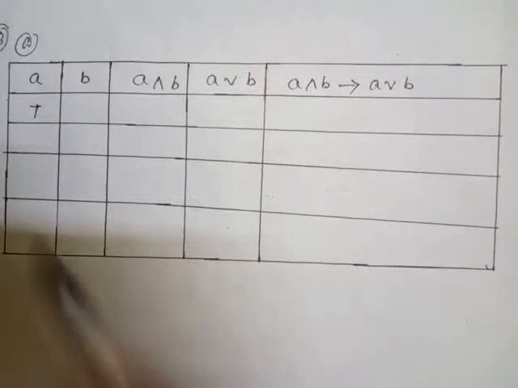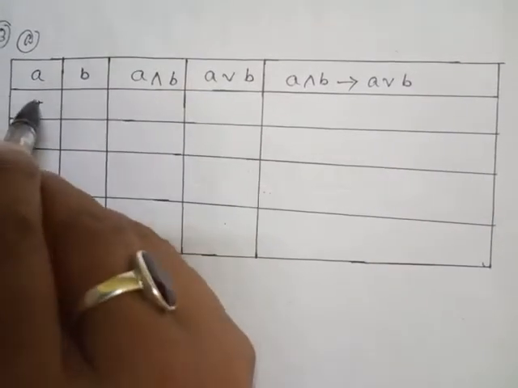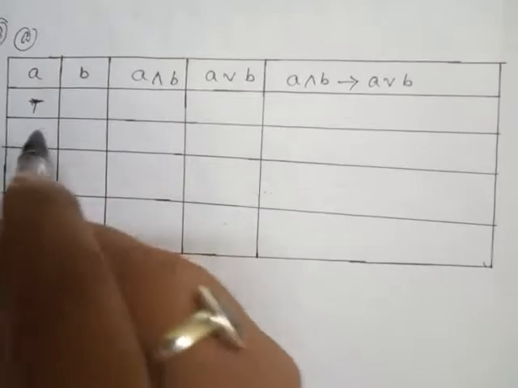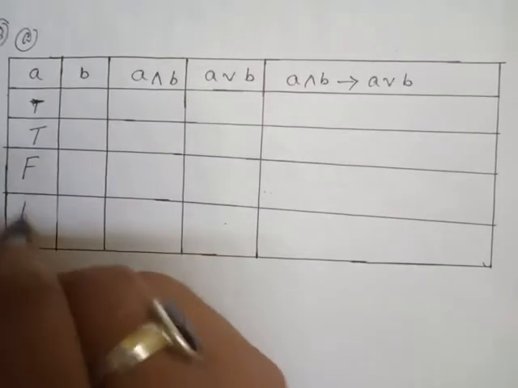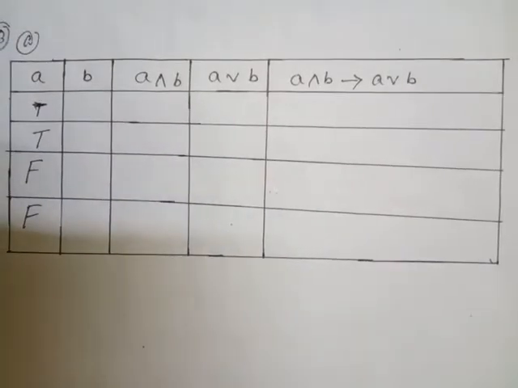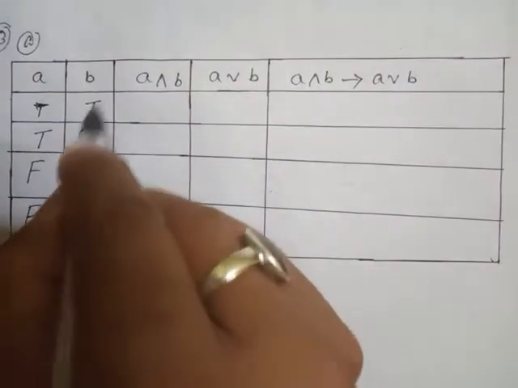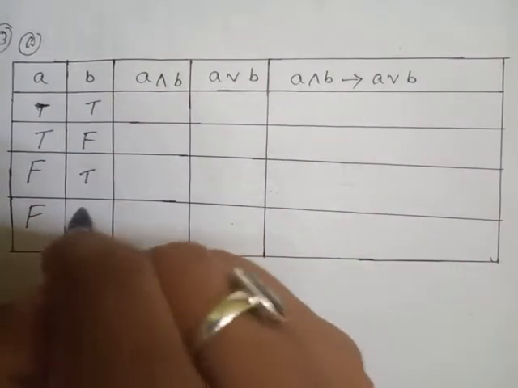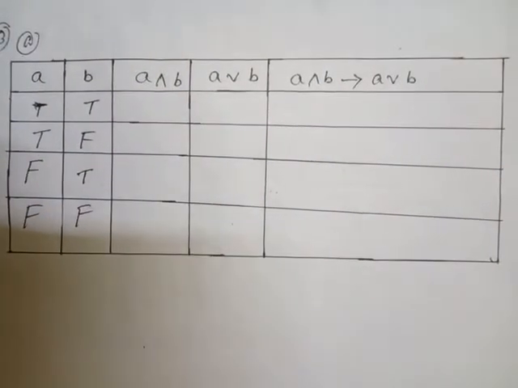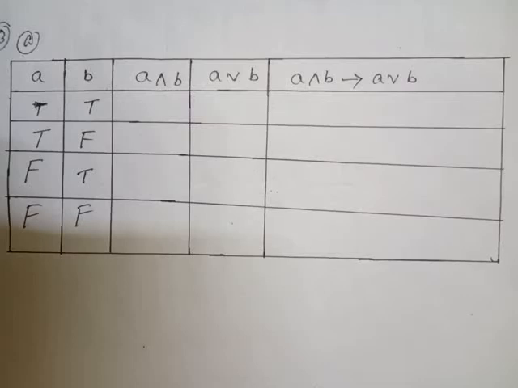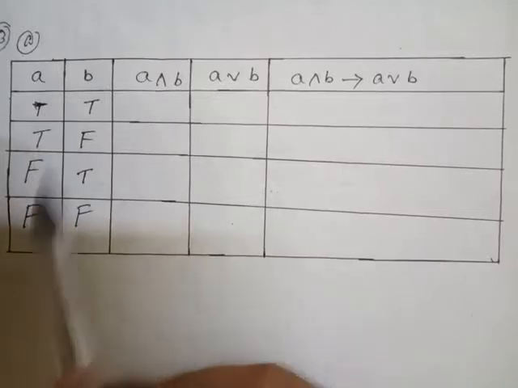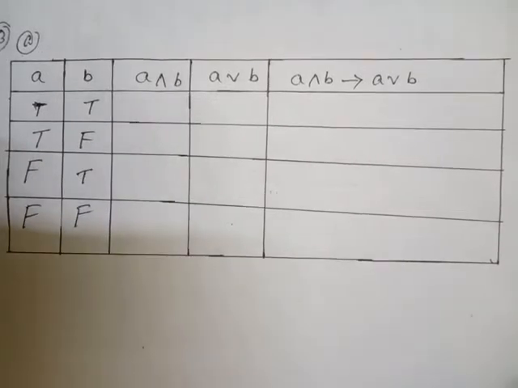Student, A equal to true, true, false, false, then B equal to true, false, true, false. Actually students, earlier we have done such kind of problem with the help of P and Q, and here there is A and B. So if it is P, Q and if it is A, B, the two statements, true true false false and true false true false, these two will be same.